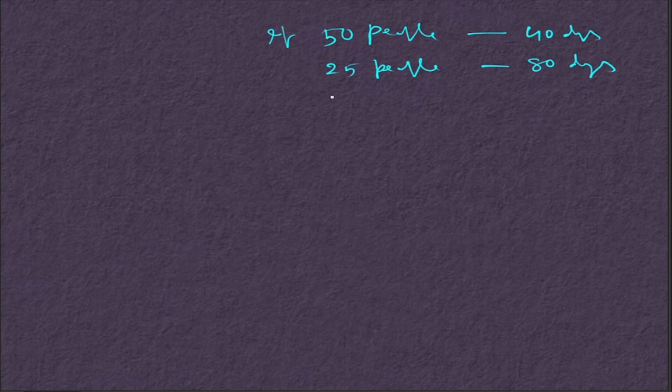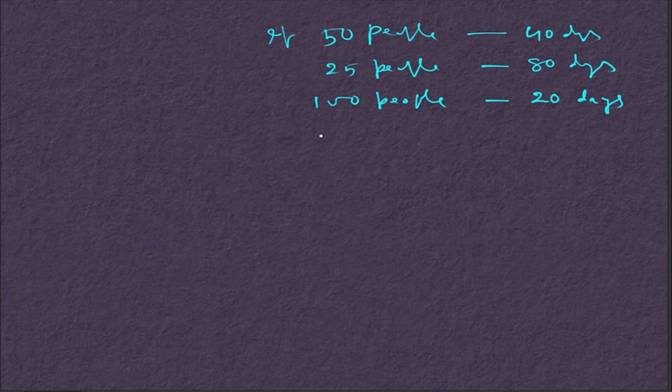And if the number of people is increased, if 100 people do the same job, then they can do it in how many days? The number of days will decrease, that will be 20 days. So if the number of people is reduced, the number of days is increased. If the number of people is increased, the number of days will be decreased. More people can do it rapidly within a few days.